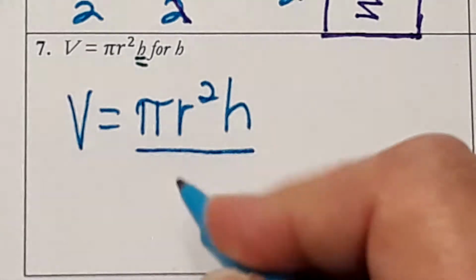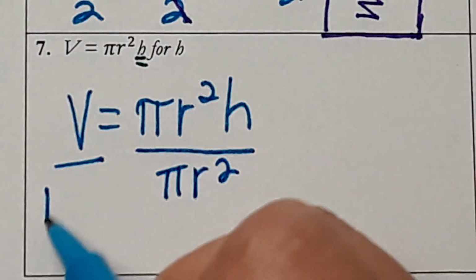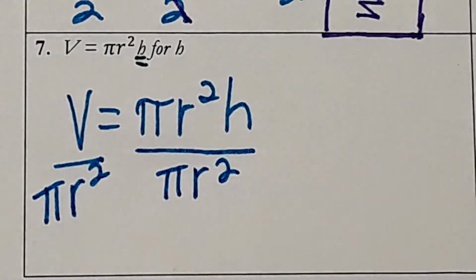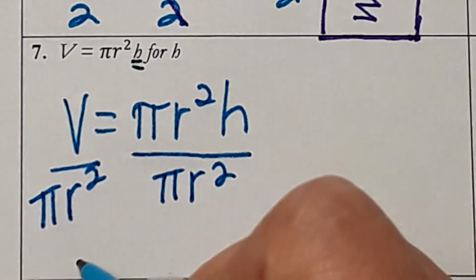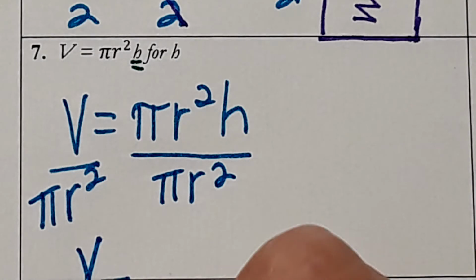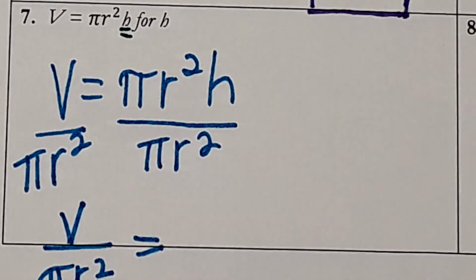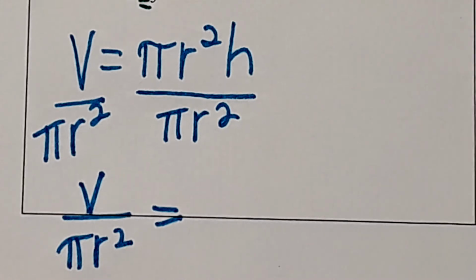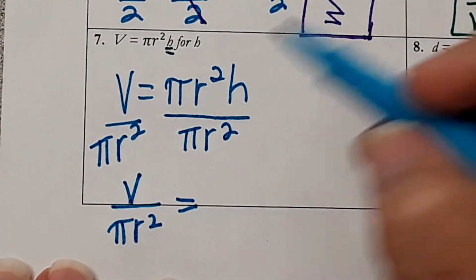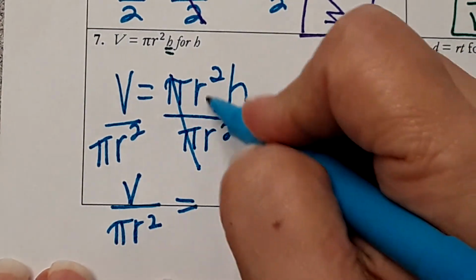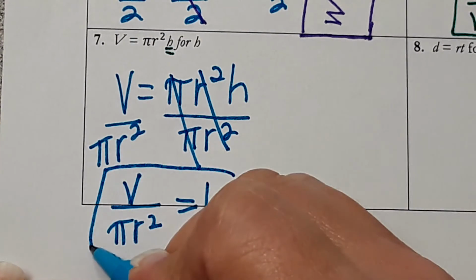So I'm going to divide by pi r squared. I can do this because there's no adding or subtracting. So v over pi r squared equals, and you guys can't see that. There we go. Let's just zoom in a little bit. This pi cancels out, this r squared cancels out, and I'm left with h. That's my answer.